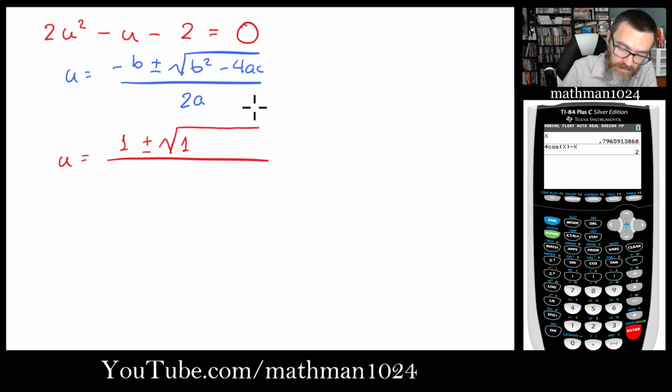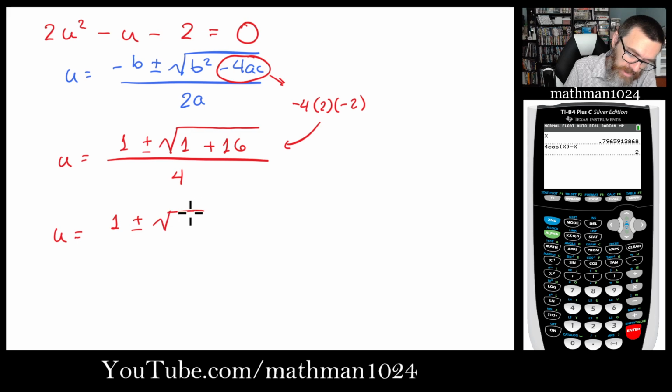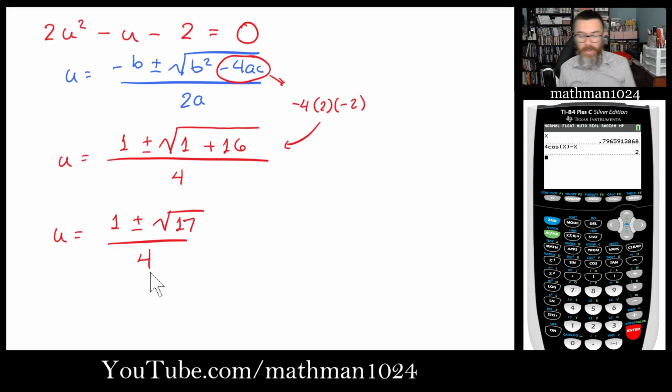B squared is 1, minus 4ac is negative 4 times 2 times negative 2. That gives me plus 16, all divided by 2 times a. Since a is 2, we get 4. So u equals 1 plus or minus the square root of 17 divided by 4.